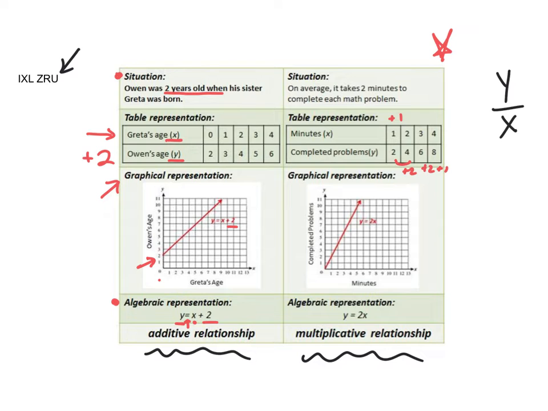As we go up by 1, 2 over 1 is the same as 4 over 2, and 6 over 3. That is going through the origin on a graph, because if no minutes pass, you don't solve any problems. And then we can find any amount of math problems solved based on the minutes passing using a multiplicative relationship. The number of math problems solved is 2 times every minute that passes.